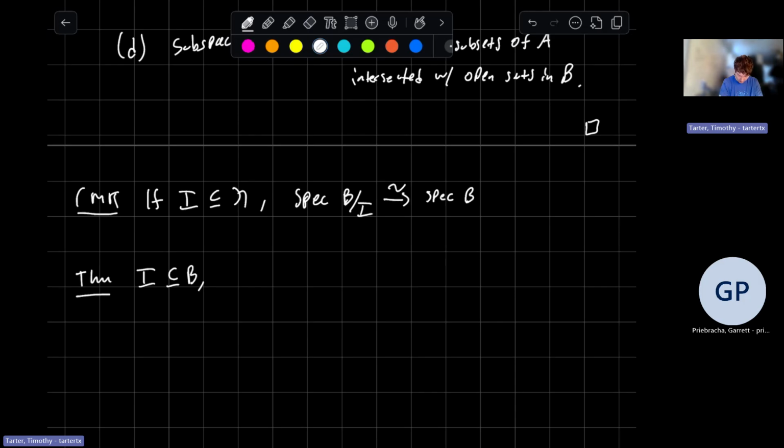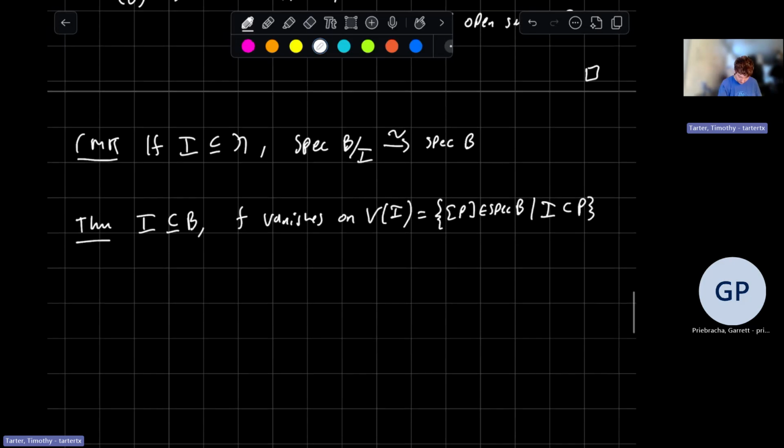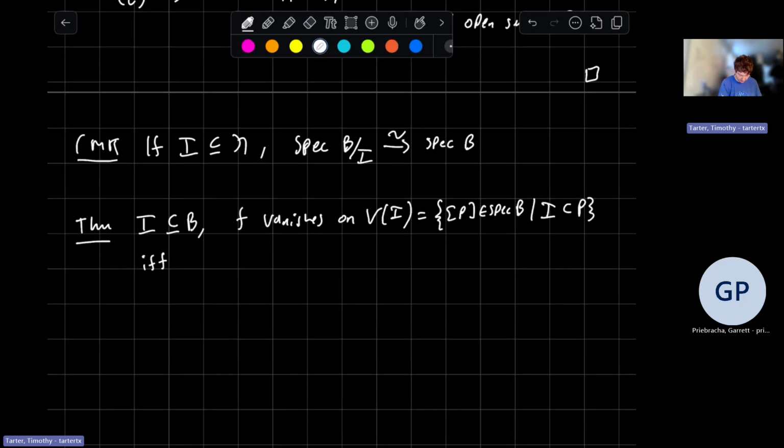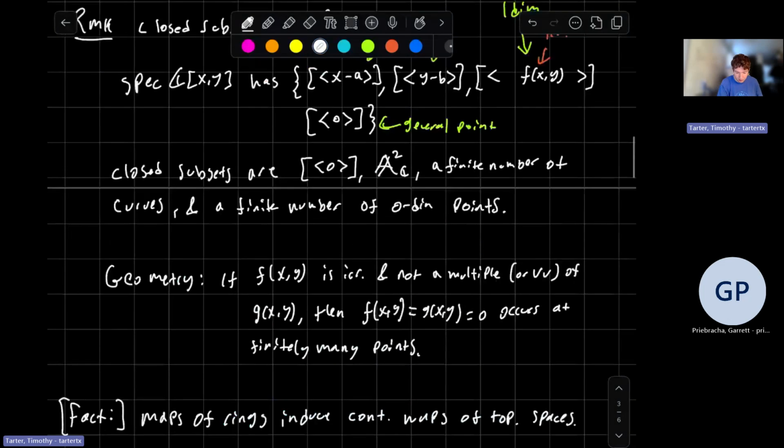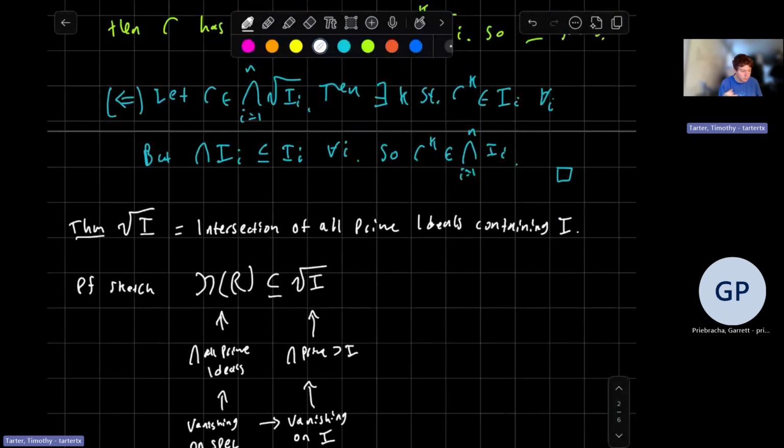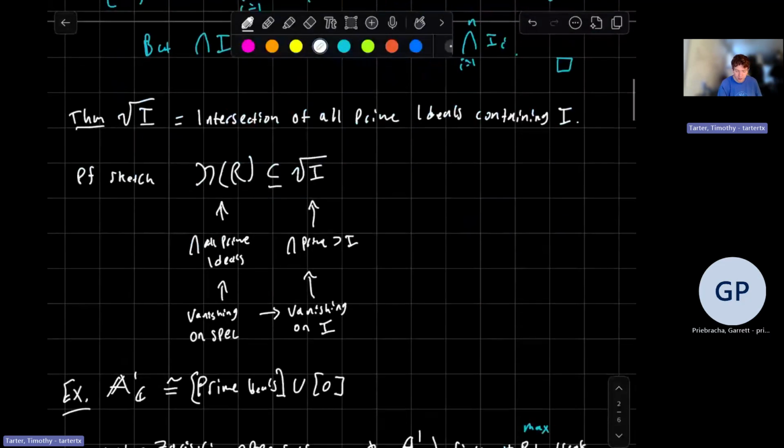So if I is contained in B, F vanishes on V of I, which is the set of P in spec B such that I is contained in P, if and only if F is in the radical of I. And I think the proof of this comes back to this thing, and how that relates to vanishing on I.